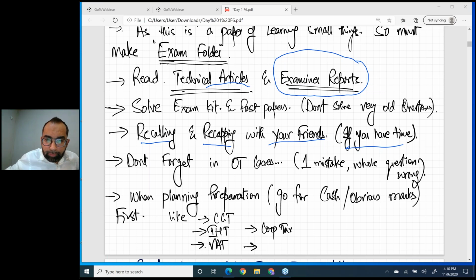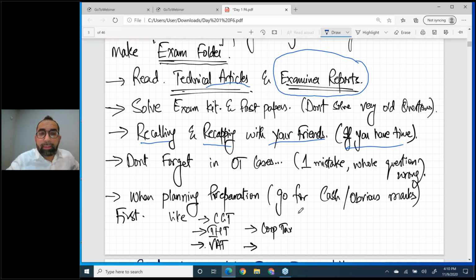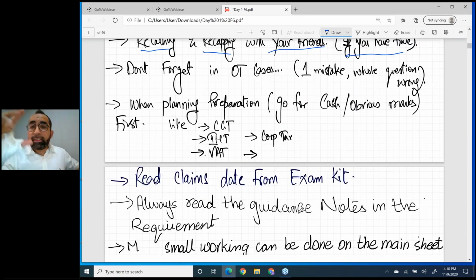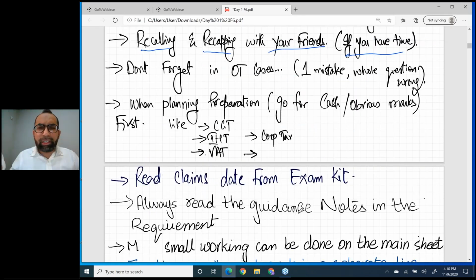Okay. Now I always say to my students, open your eyes. When planning preparation, there are some areas which are totally cash areas, which must come in the exam. They always test those areas, and those areas are, look at me, CGT, IHT inheritance tax, value added tax, all separate areas. CGT, IHT, value added tax, corporation tax.